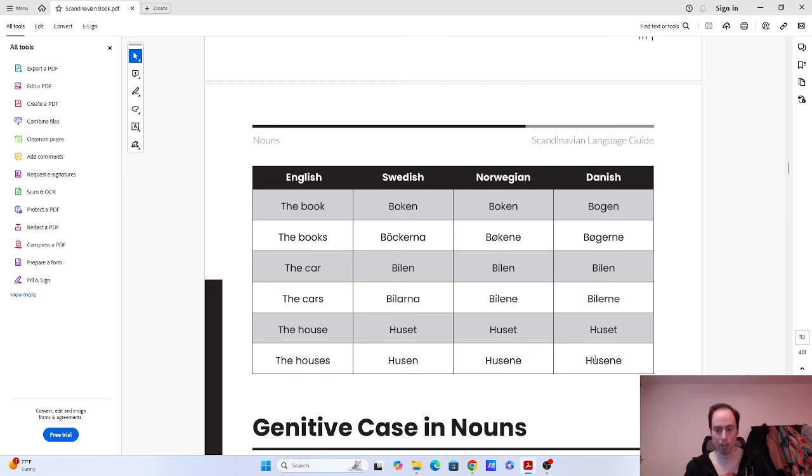Whereas for Norwegian and Danish, we just have husene. So those are the basic patterns. Norwegian, I think, is by far the simplest and easiest to learn. Danish is a little bit trickier because sometimes it's erne, sometimes it's ene. And then Swedish has its own pattern with the arna and the en for the common and neuter nouns.